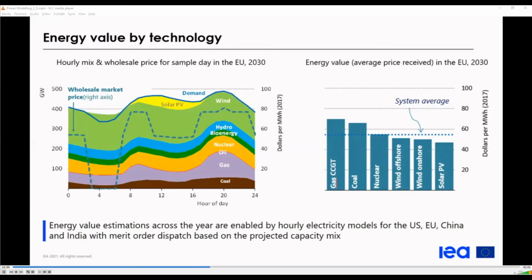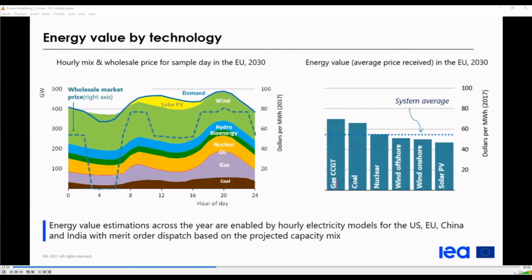Can you rely on this technology to produce electricity when the system needs it the most? Dispatchable power plants are generally available in all hours, except in extreme cases such as disruption in supply chain or extreme weather, for example. And they have high capacity value. They can generally contribute to something like 80% of the peak or even above for some technologies.